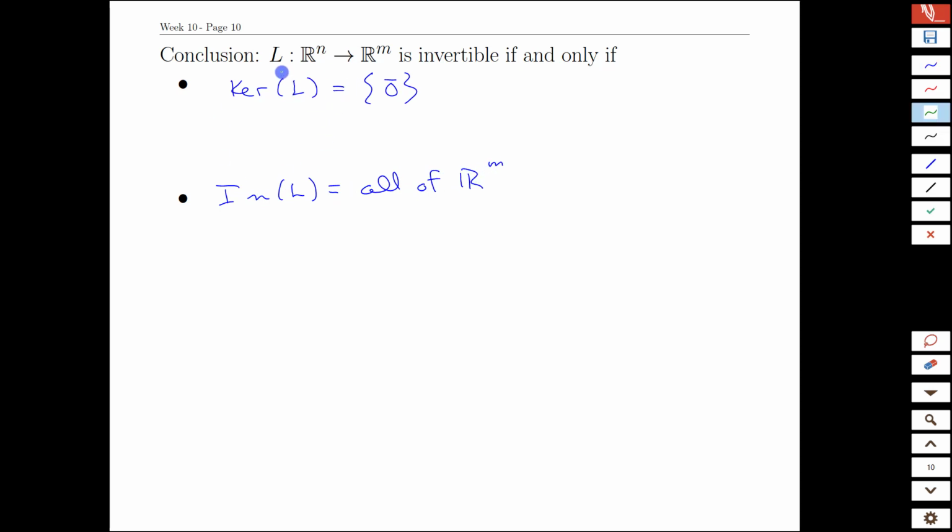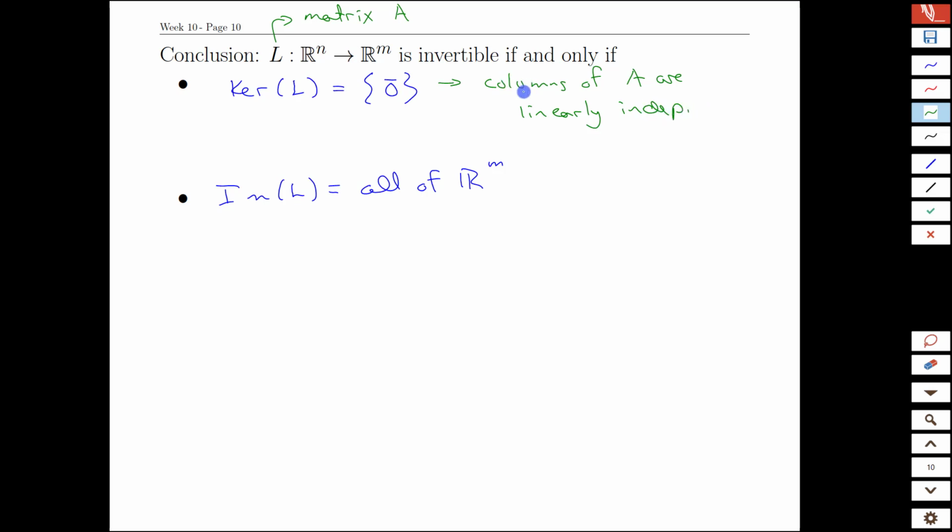Well, now what we'd like to do is translate this into things we then know about matrices. So again, thinking about the standard matrix for this transform, let's call it A. One of the important rules we learned about linear transformations is that if we have a kernel that's just the zero vector, then the columns of A are linearly independent.